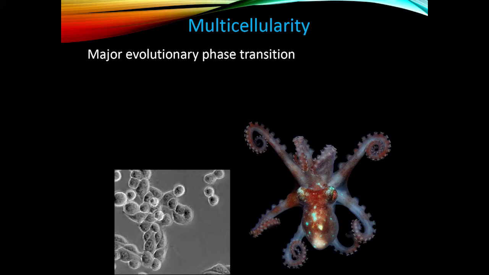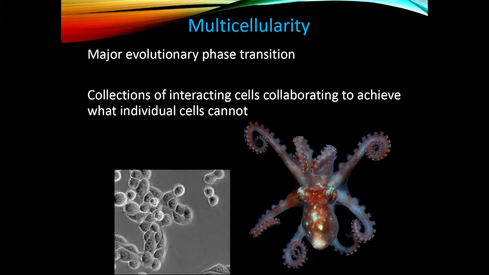And this has led to the creation of multicellular complex life. So the reason these transitions have occurred, it is believed, is that these collections of cells, which are interacting with one another, are able to collaborate to achieve things that individual cells cannot.